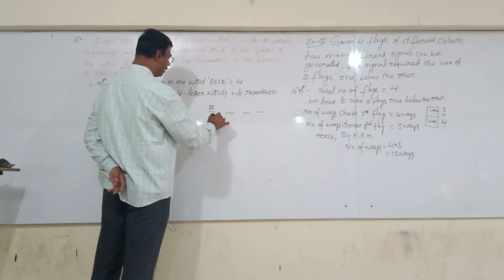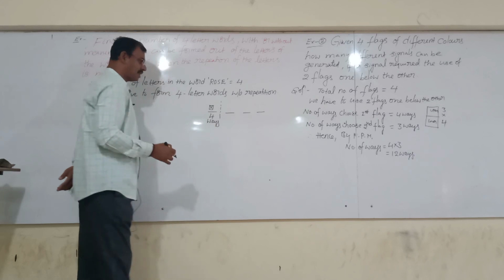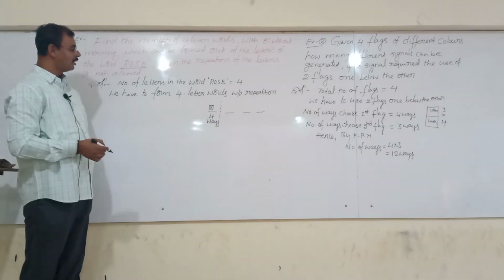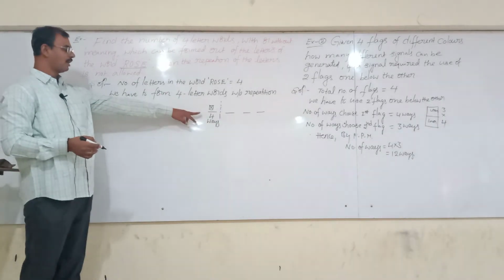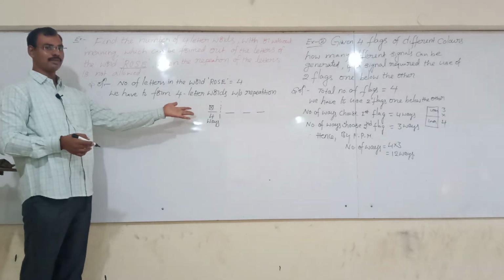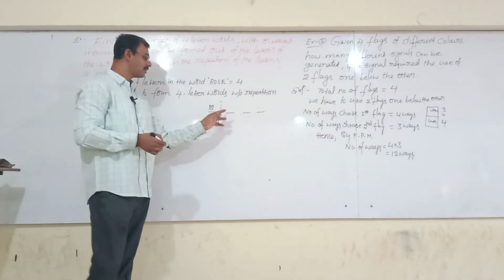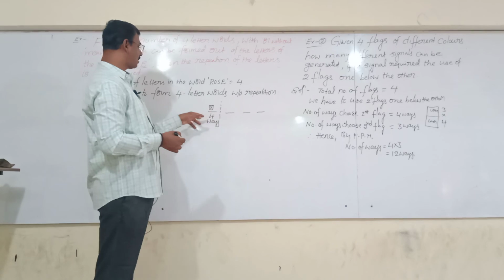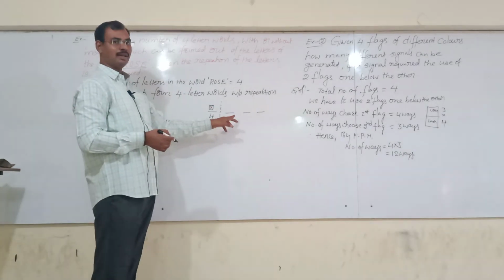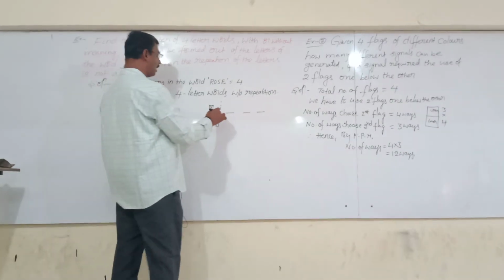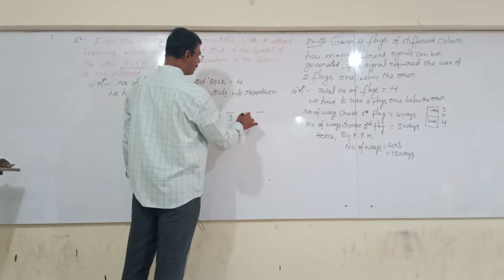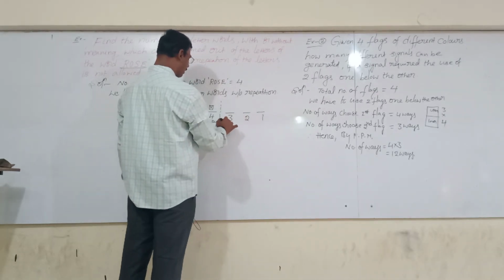Four ways. Since repetition is not allowed, how many letters are left? Then I fill the second place in three ways, the third in two ways, and the last in one way.